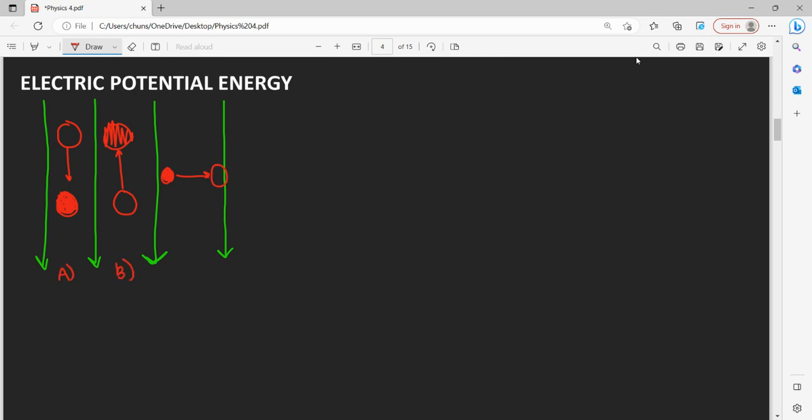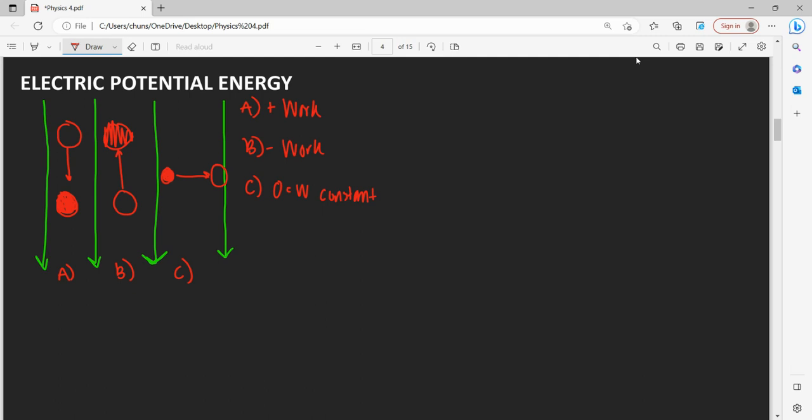Call this A, B, and C. In our first example, A does positive work. In B, we are doing negative work because we are working against our electric field, so we have to overcome that force. And C, we are doing 0 work because it's constant, because we're going perpendicular, so we're not experiencing any change in the electric field that's acting upon our particle.